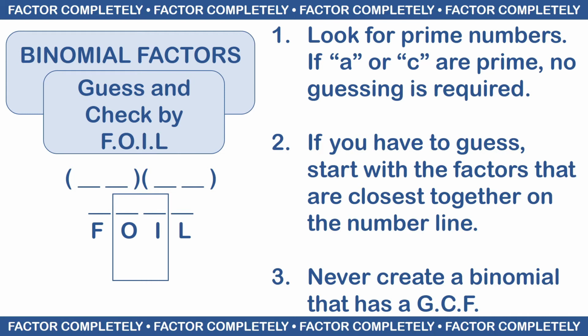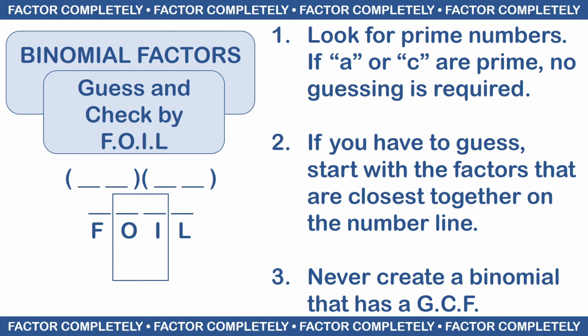If you have to guess, start with the factors that are closest together on the number line. So if you have a list of 3 factors that could possibly multiply together to get your A value or your C value, pick the pair of factors that's closest together on the number line.